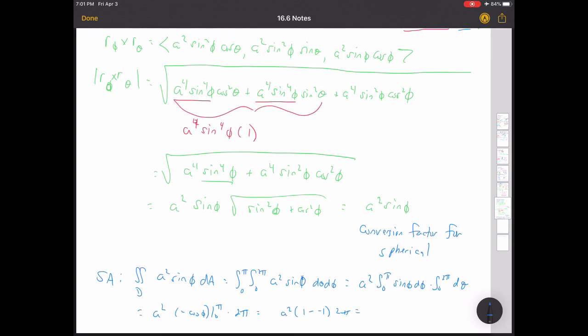So what we get here is 2 times 2 pi times a squared, which is going to give us 4 pi a squared. And again, if you think about this, if you replace a with r, you have the equation for the surface area of a sphere. So we didn't really need to go through this entire thing to find the general surface area of a sphere. We know that that's 4 pi r squared, or we should know that that's 4 pi r squared.